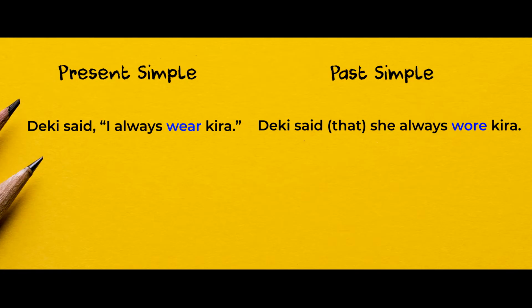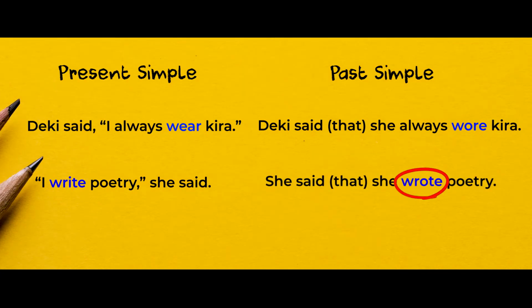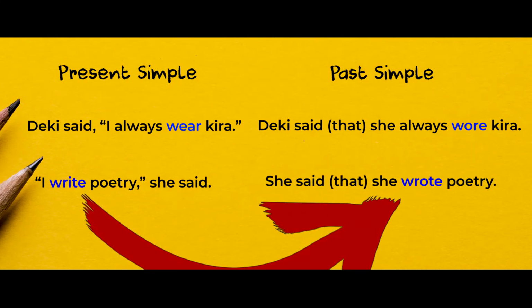Let us look at the second example. "I write poetry," she said. Write is in simple present. Now, when you change this into reported speech, it becomes, she said (that) she wrote poetry. Write becomes wrote.